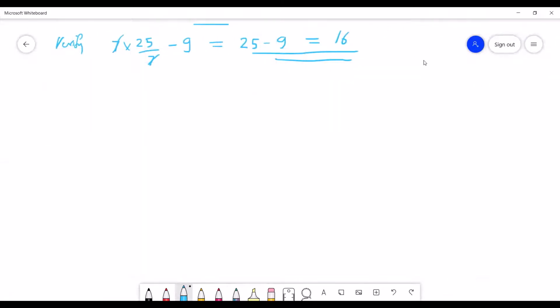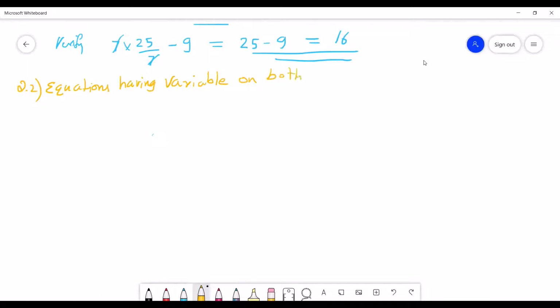Now, let us come to the second type of case. Here we are considering equations having variables on both sides. Equations, question number 2: equations having variables on both sides.